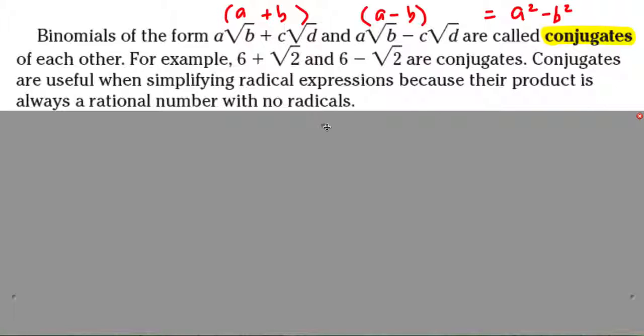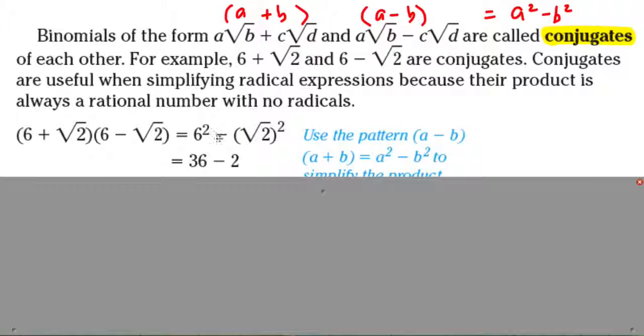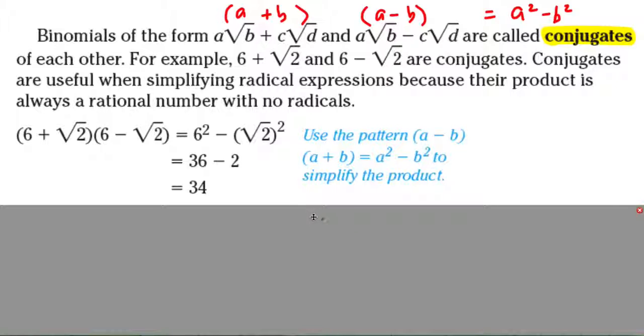So if you get 6 plus radical 2 times the quantity 6 minus radical 2 using a difference of squares, that's the same as 6 squared minus radical 2 squared. And this becomes 36 minus 2, or simply 34. Okay, so again, this is your pattern right here, difference of squares, to simplify the product.